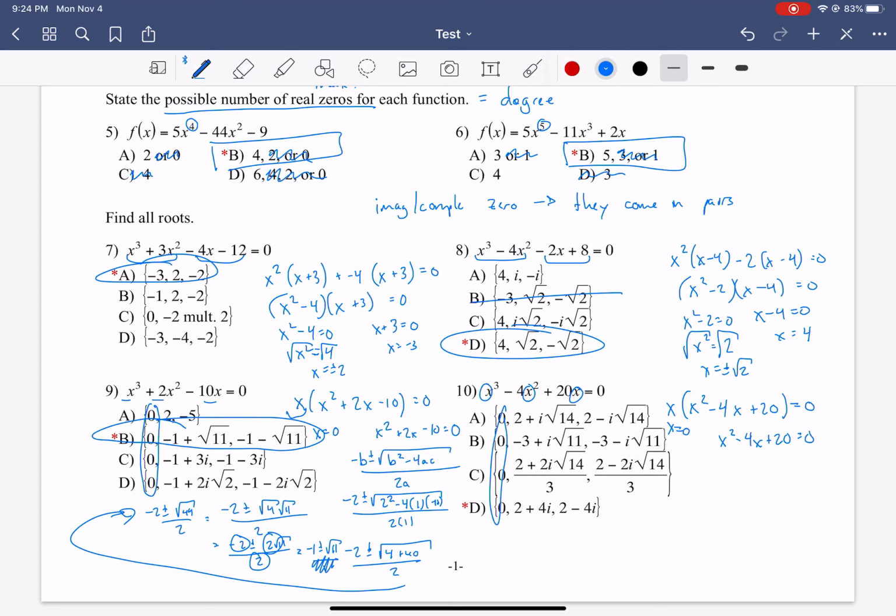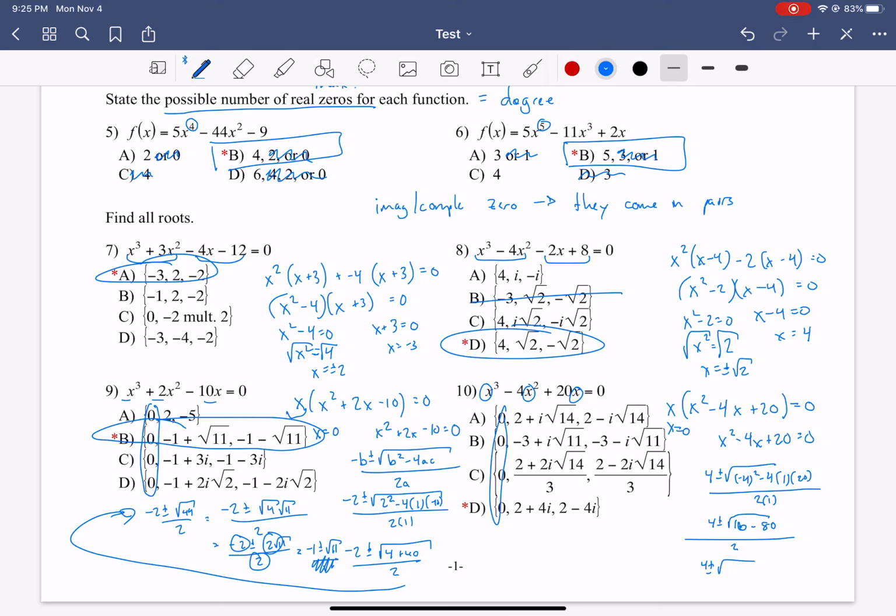So we do negative b, so that turns into positive 4, plus or minus the square root of b squared, so negative 4 squared minus 4ac, all over 2a. So 4 plus or minus the square root of 16 minus 80, all over 2.